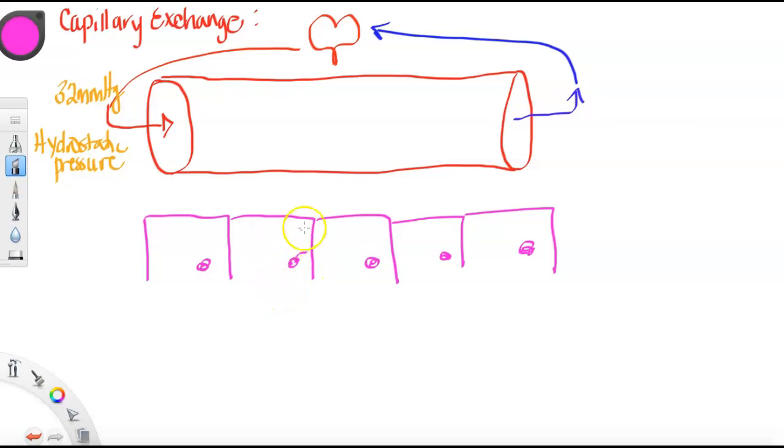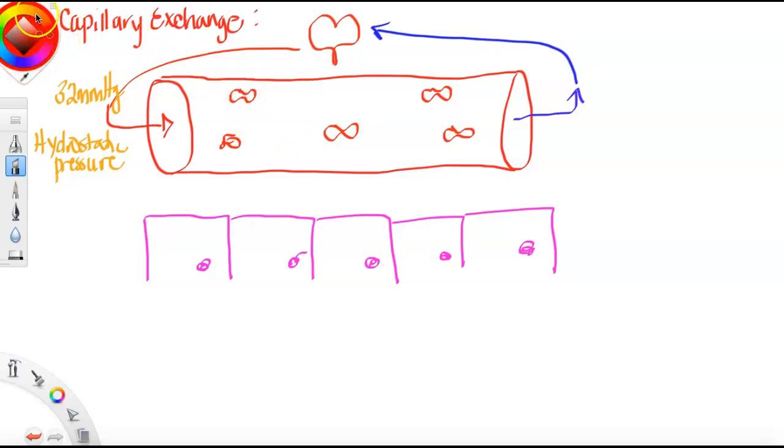Okay, and keep in mind, in the blood vessel, we've got blood cells. Wonky blood cell there. And other stuff too.